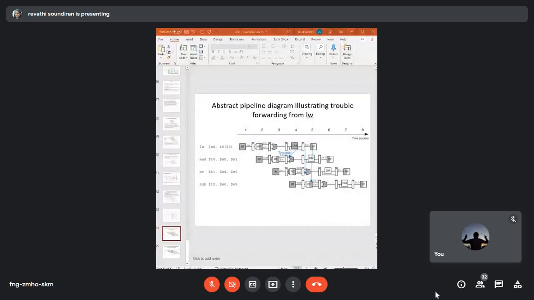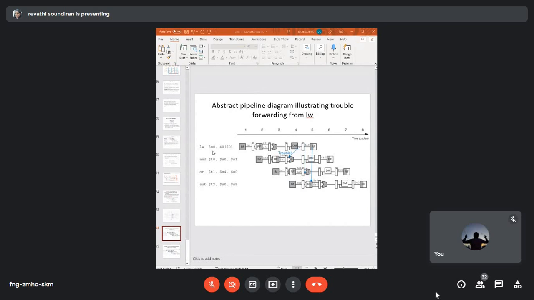But unfortunately, your load word instruction does not finish reading data until the end of the memory stage. That is the problem with your load word and store word instructions.